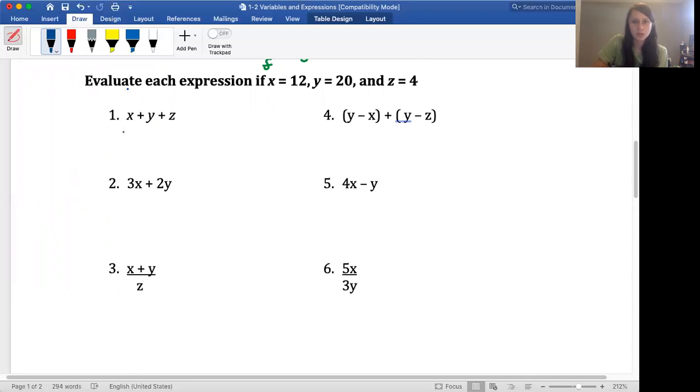So we get to actually work this problem out. So X is 12 plus Y is 20. And Z is 4. So add them all together. And this is a nice practice because we are going to practice our order of operations, right? PEMDAS. So don't forget your order of operations here. PEMDAS. All right.